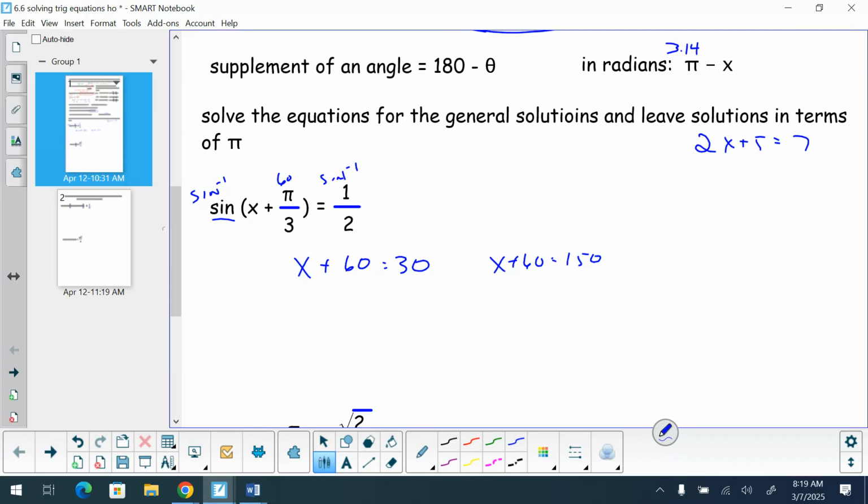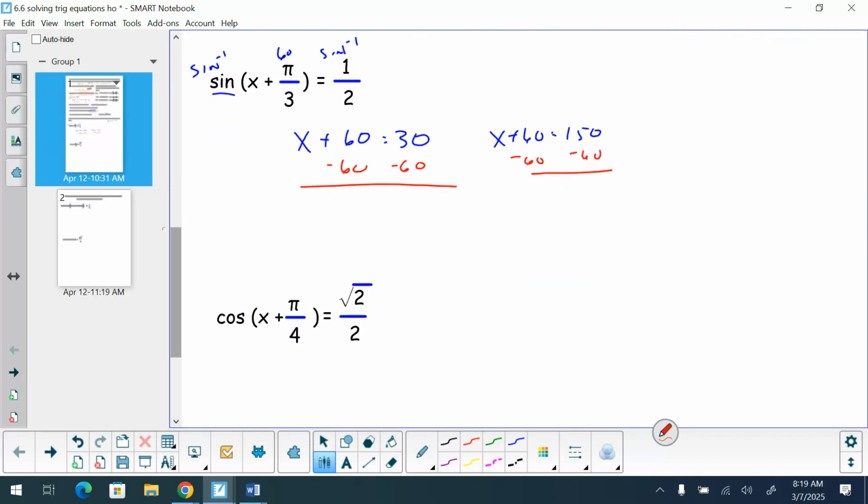Now in both cases, we can subtract our 60 from both sides. So here we have x is equal to the value of negative 30 plus or minus. And over here we have x is equal to 90 plus or minus.